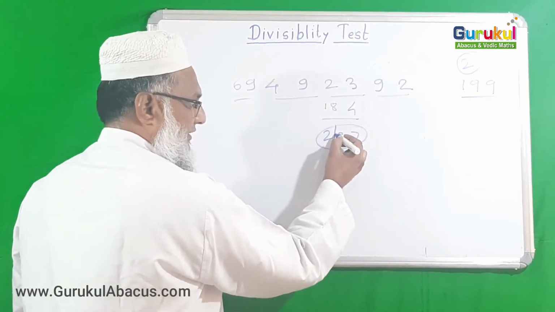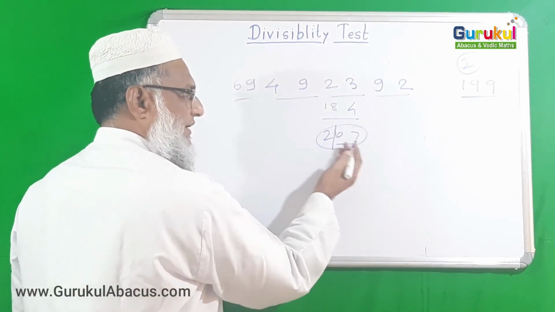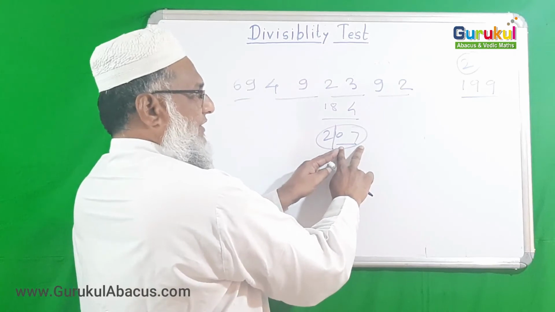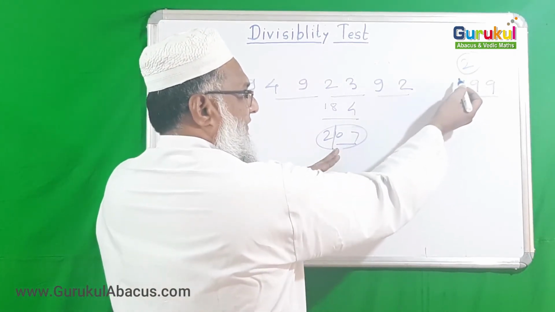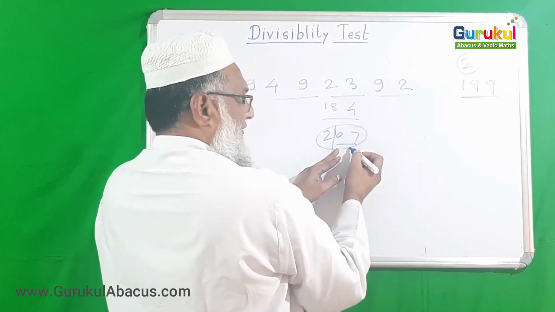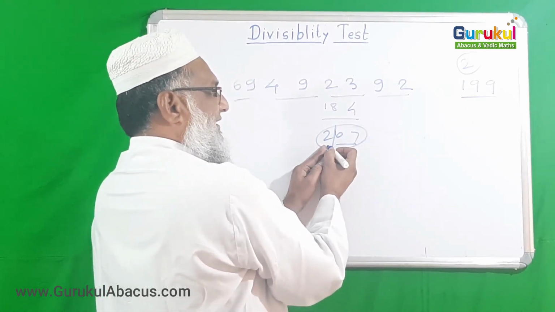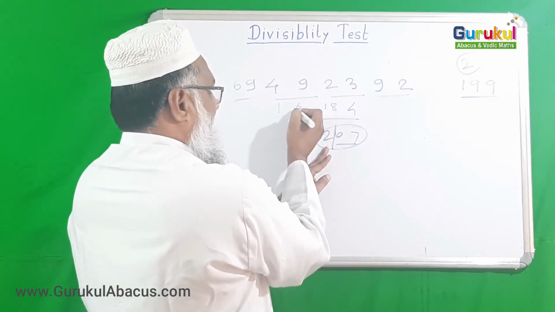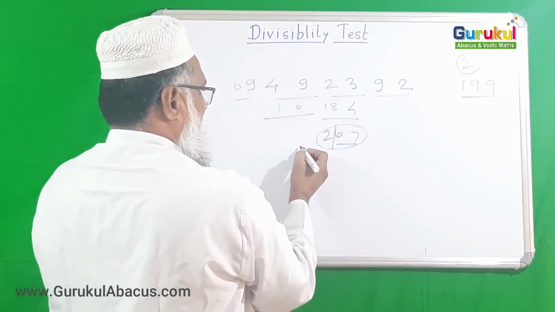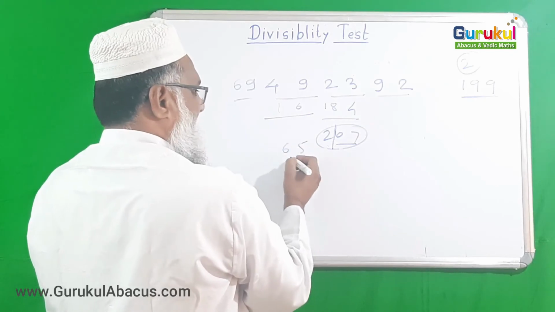Now 2 digits take from here and keep 2 here. Now 07 remains with us. Now multiply 07 with ekadika: 7 twos are 14, and 2, 16. Just add that 16 in that. Now here is 65 with us.